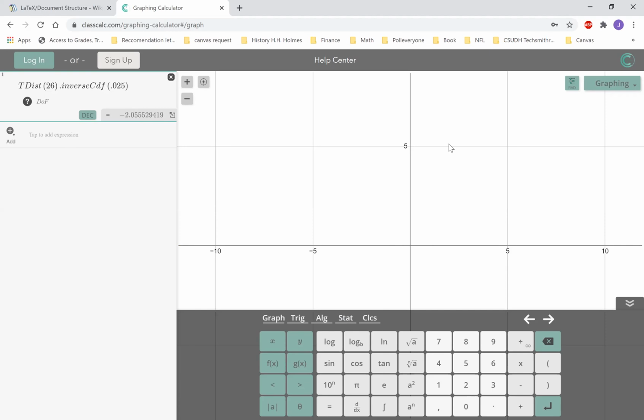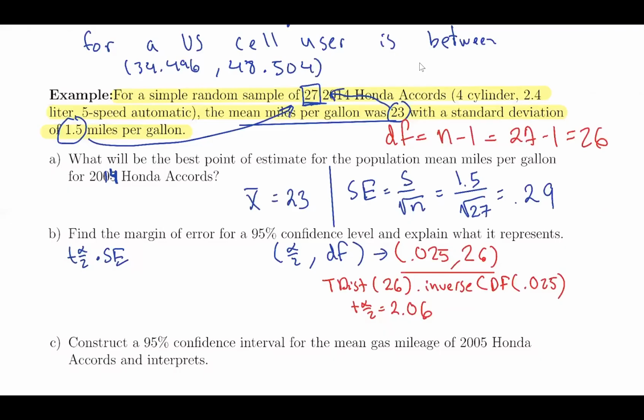All right, so let me go over to my notes so that we can continue on with this problem. We found t to be 2.06. We found standard error to be 0.29.